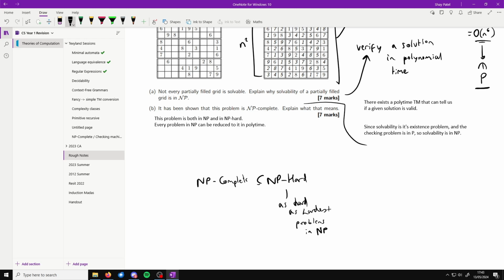It's the same difficulty as the hardest problems in NP, but it's not necessarily in NP. So if we have NP and we have NP hard, then NP complete would be this part here. NP complete, yeah, because it's both in NP and it's as hard as the hardest problems in NP.